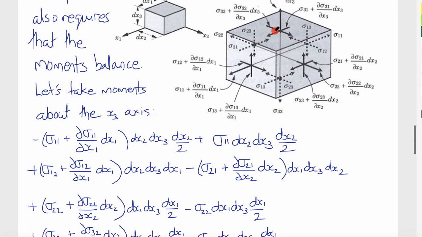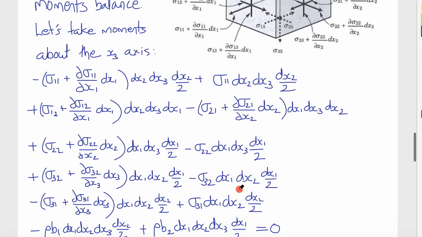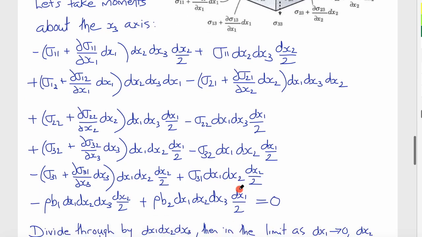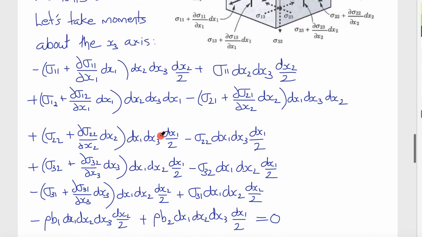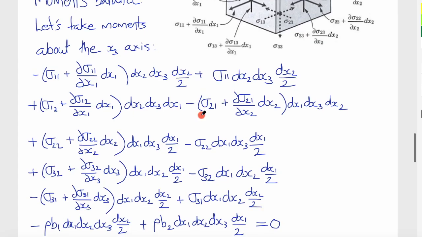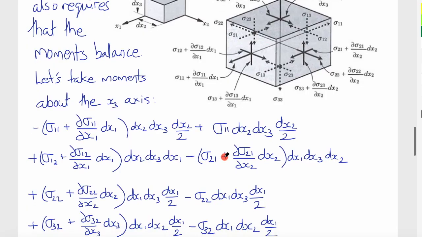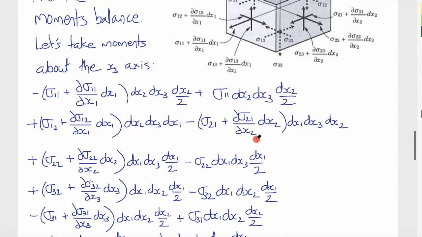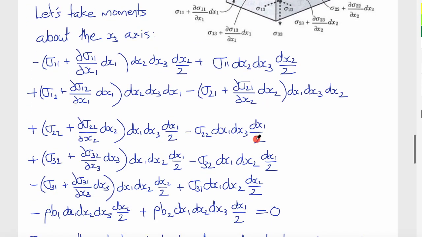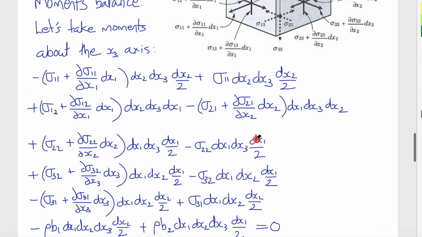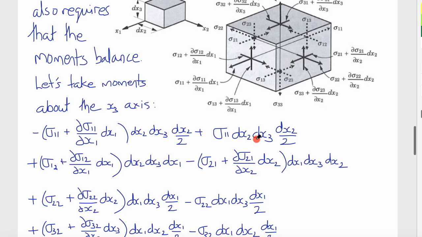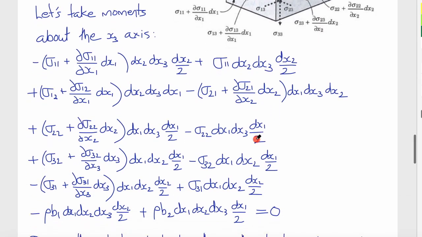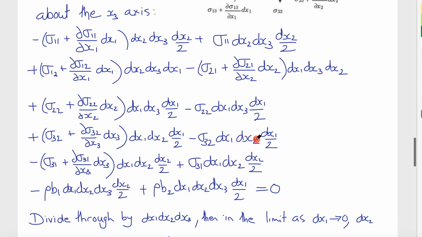And those ones again have moment arms of dx1 divided by 2 and dx2 divided by 2. And then finally, components of the body force in the x1 and x2 directions, acting at the middle of the cube, will also contribute. So there's the big ugly expression we get for the moment balance.